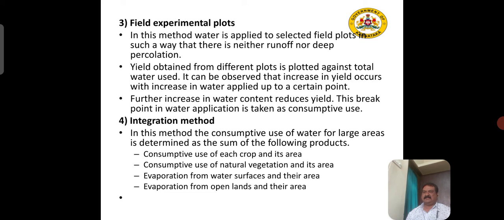Next, integration method. In this method, the consumptive use of water for a large area is determined as the sum of the consumptive use of each crop and its area, consumptive use of natural vegetation and its area, evaporation from water surface and its area, and evaporation from open lands and their area.